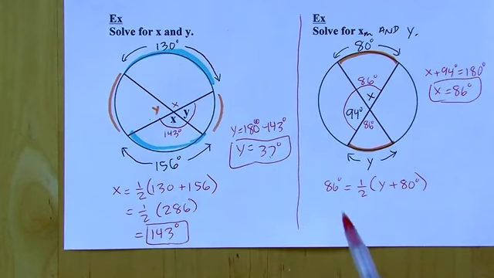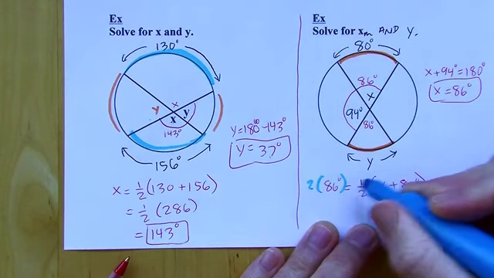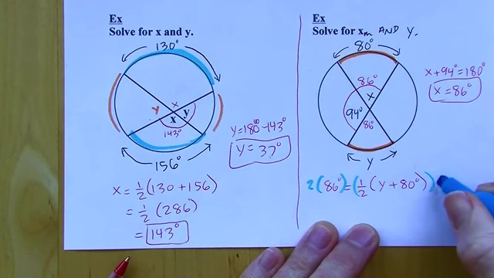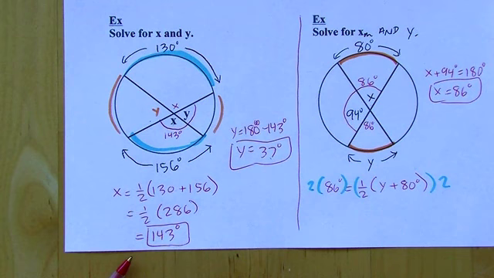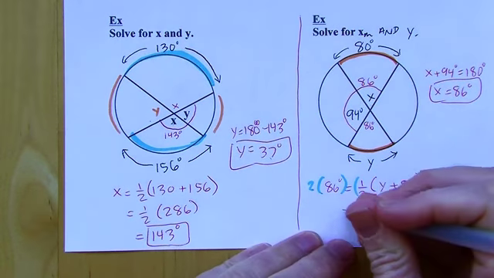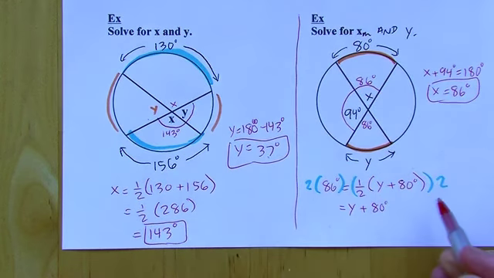Now some people are going to distribute the 1/2 here, and there's nothing wrong with that. But for me, I think it's easier to just double the whole equation. So I'm going to multiply the whole equation by 2, because when I do 2 times 1/2, that's just 1. So this right side is going to simplify to just y plus 80 degrees, because if you take y plus 80 degrees, divide it in half, and then multiply by 2, you just end up at y plus 80 degrees.